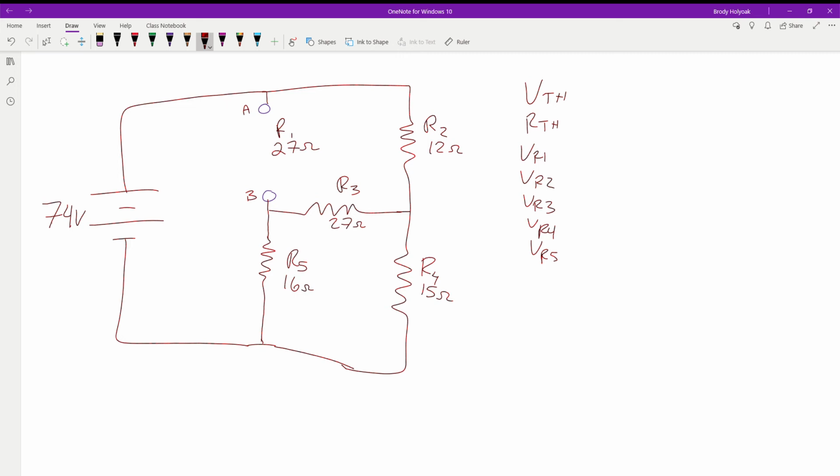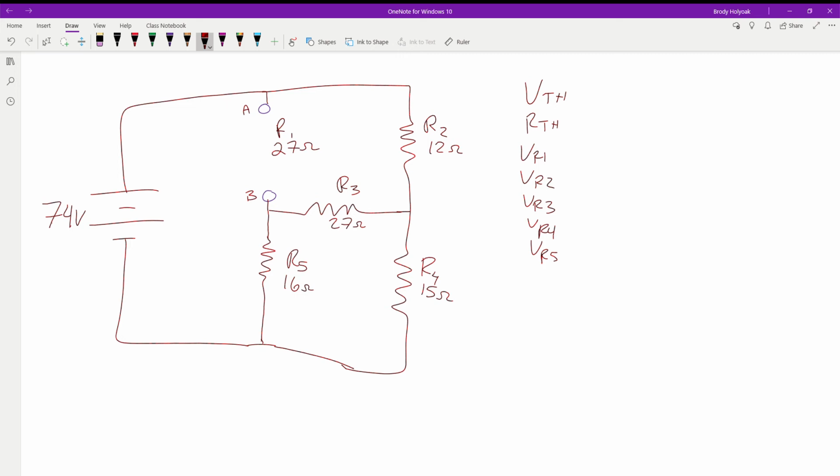So again, more practice at redrawing circuits, because that's one of the things you're going to get. A schematic is not necessarily the way you want to solve it. It often doesn't look easy to solve in the schematic. It's just laid out so you can get everything on one page. That's also going to be different in how it's visually laid out as well. So there are multiple ways to do this.